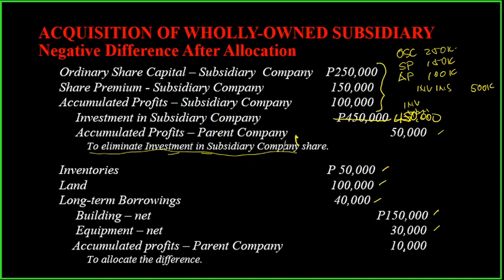And then, you credit again 10,000 to investment in subsidiary. The explanation of this is to allocate the excess to the difference of the fair market value and book value of net assets acquired.